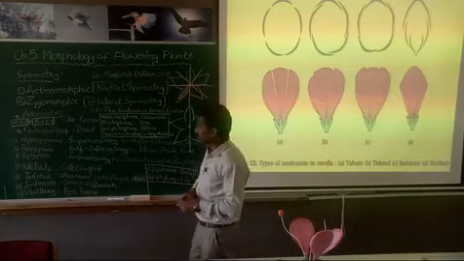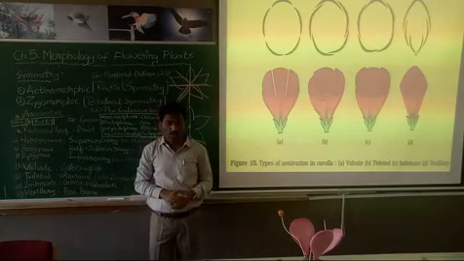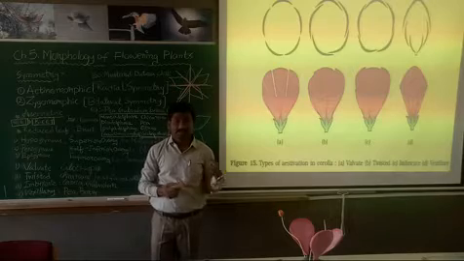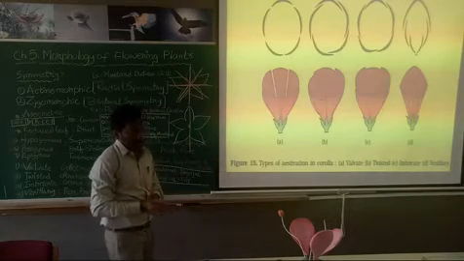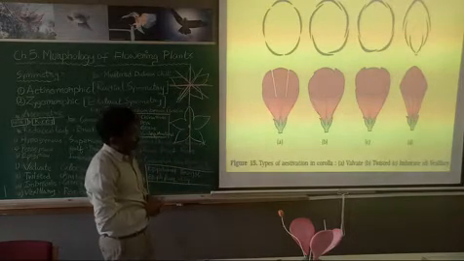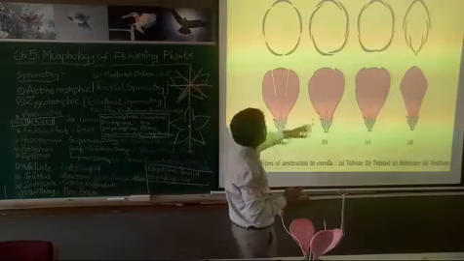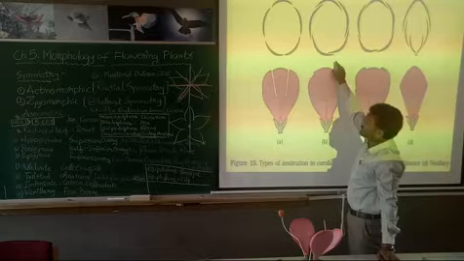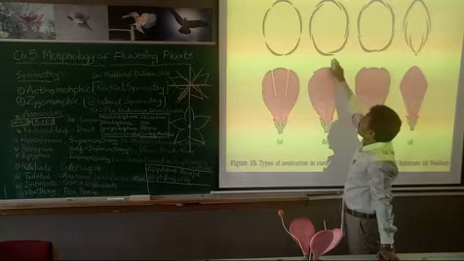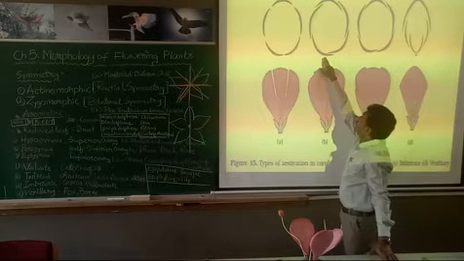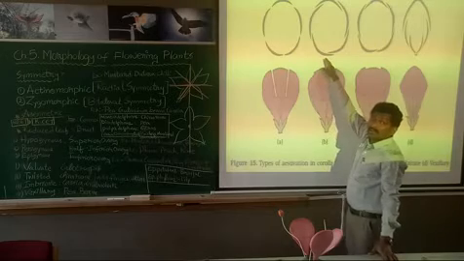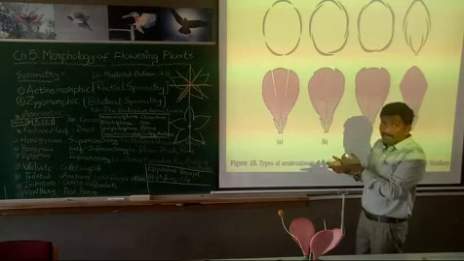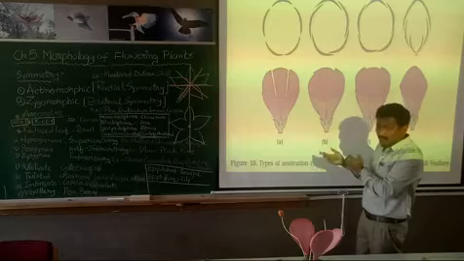Valvate estivation can be seen in the flower Calotropis. So what is the example for valvate estivation? Calotropis. Next, the second one I am going to explain: twisted. Here you can see on the screen, twisted. There are five sepals or petals presented. One sepal or petal is enclosed or overlapping the next one, the side one.